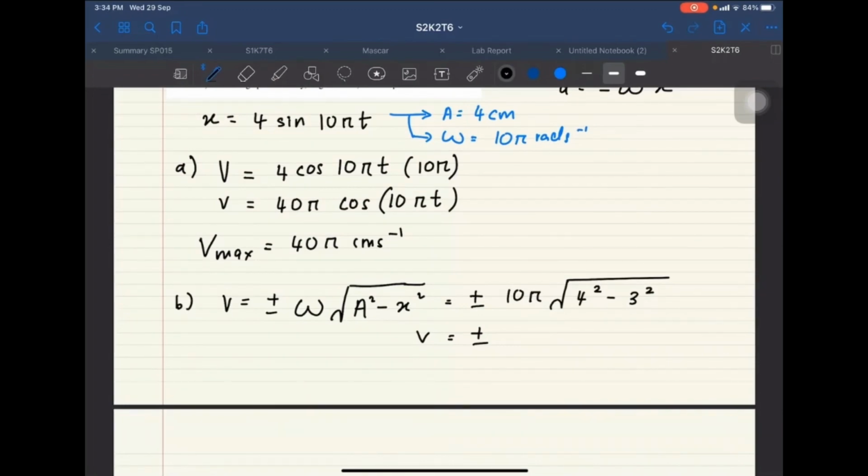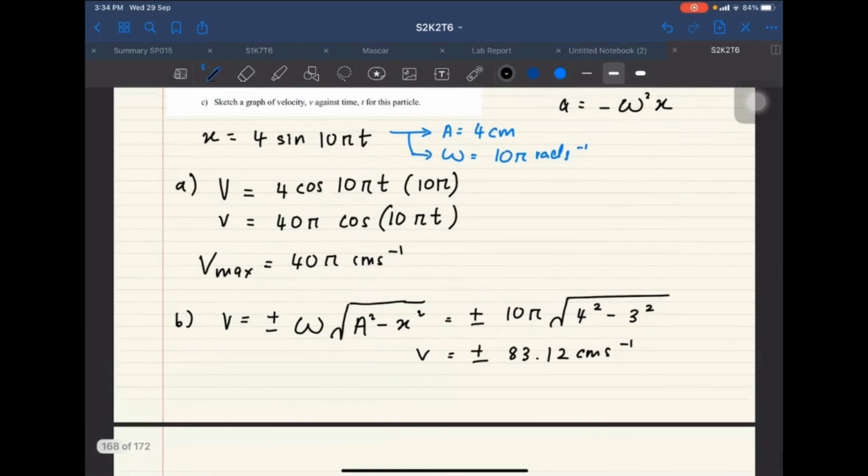Okay. Unit dia apa? Centimeter per second. Okay, that one is for A and B. Now question C, they ask you to sketch a graph of velocity against t for this particle.